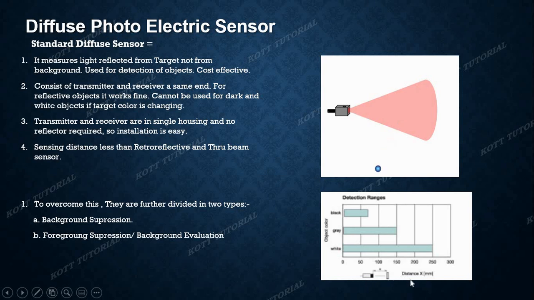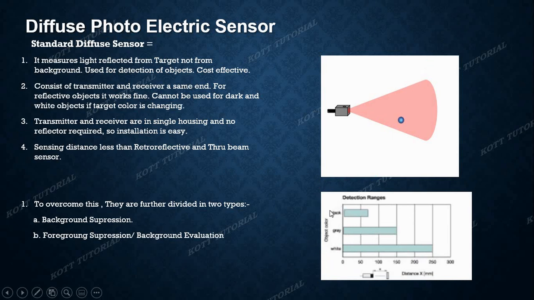From the chart we can know that if I have a black color product, it can detect up to a range of say 75 mm, and for a white product it can sense up to 250 mm.